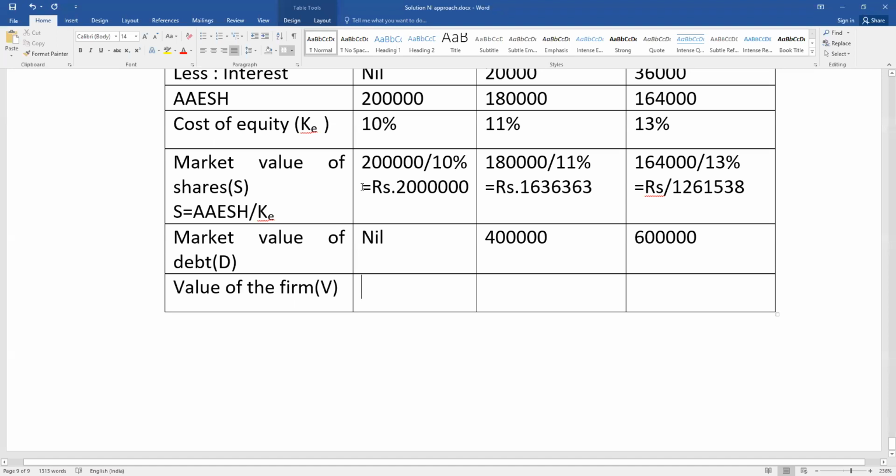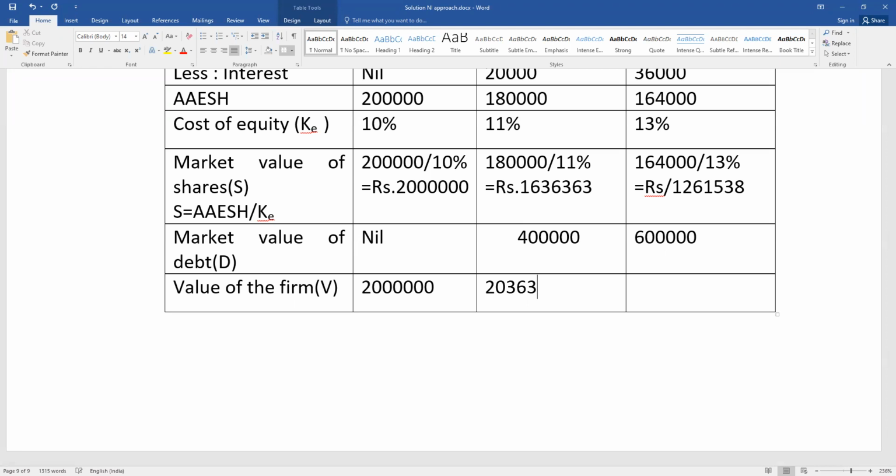So S plus D: 20 lakh plus 0 would give you 20 lakh. Then 16 lakh 36,363 plus 4 lakh gives 20 lakhs 36,363.